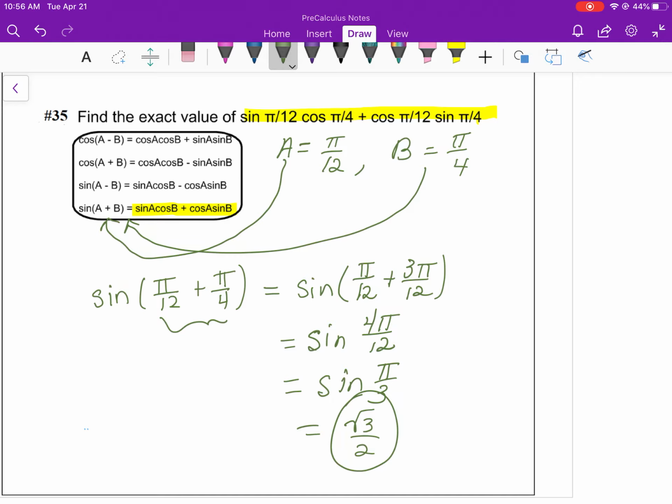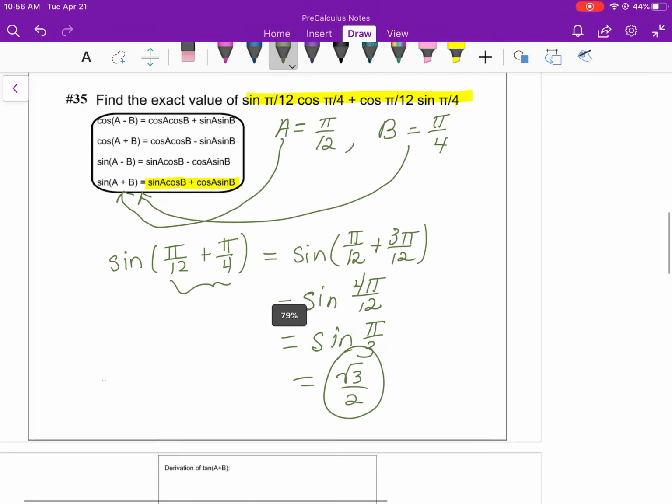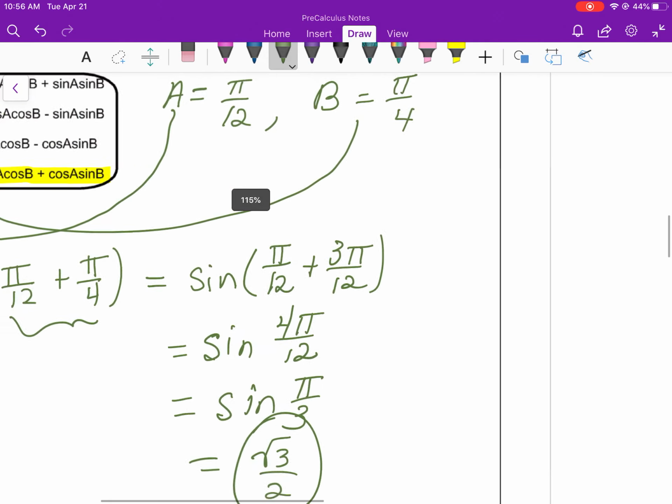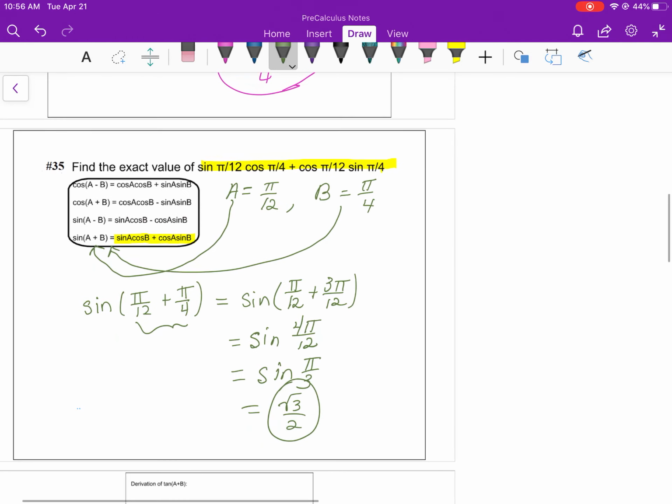Okay, now how can I take these formulas here and match them up with what I have on my trig identity sheet? So let's take the sine ones first.